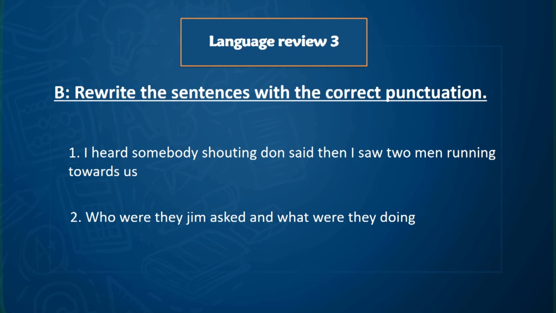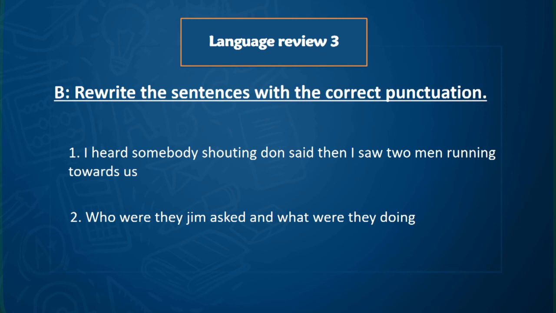I want you to read it and think of it. Now listen. I heard somebody shouting, Dan said, then I saw 2 men running towards us. Punctuate it. Put the punctuation marks from the beginning to the end.